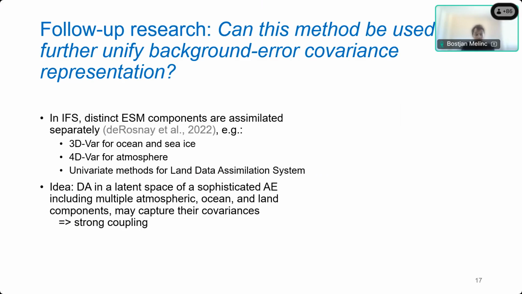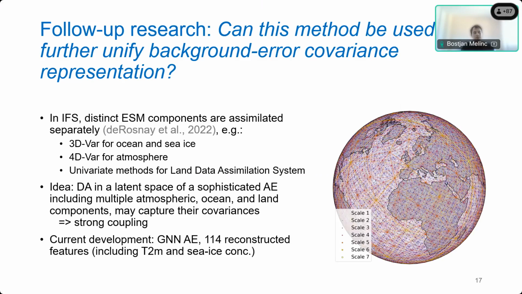In, for example, the IFS, the distinct Earth system model components are assimilated separately, while in our case, with a more sophisticated autoencoder, which would include multiple atmospheric, ocean, and land components, we would hopefully also capture these covariances, and this would allow us to perform strongly coupled data assimilation.